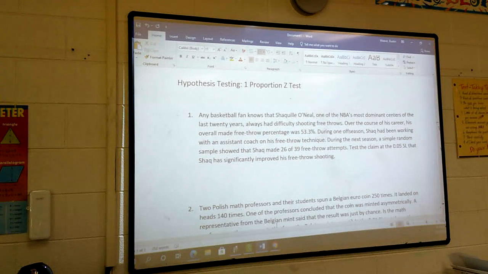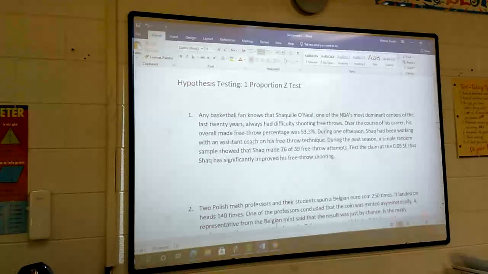During one offseason, Shaq had been working with an assistant coach on his free throw technique. During the next season, a simple random sample showed that Shaq made 26 of 39 free throw attempts. Test the claim at the 0.05 significance level (SL stands for significance level) that Shaq has significantly improved his free throw shooting.